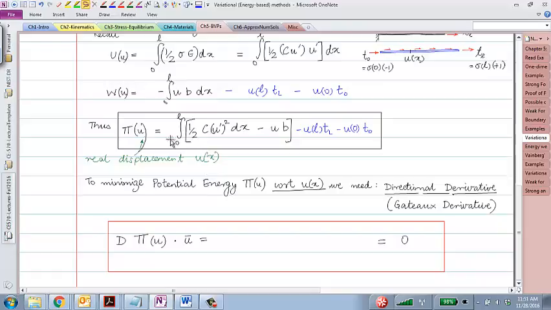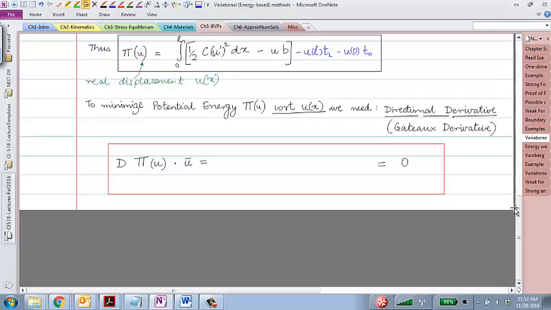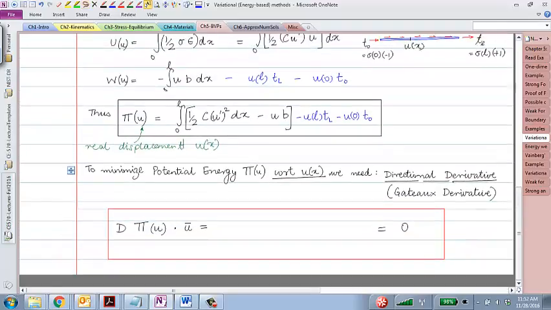So to minimize this, as I was saying, we have to minimize with respect to the real displacement. What we need is the directional derivative that we studied back in chapter 1, and I think we used it again possibly in chapter 2. We have to minimize that energy functional with respect to u bar, some virtual displacement.